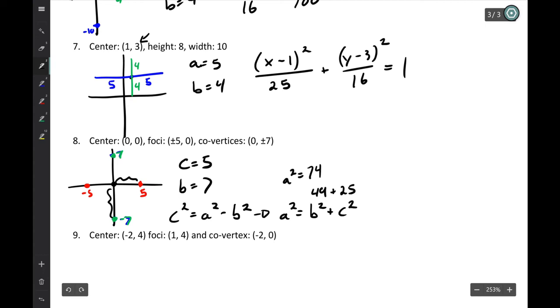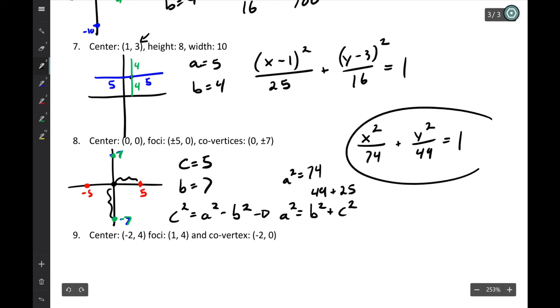And then I don't need to find a, because I'm really looking for a squared to put underneath stuff. So I got x squared over, it's a horizontal ellipse, so the 74 goes here, plus y squared over 49, my b squared value. So you don't really need to solve for a, b, and c in these. You just need to find a squared so you can write the equation, or b squared. You don't really care about c, but sometimes you need to use it.